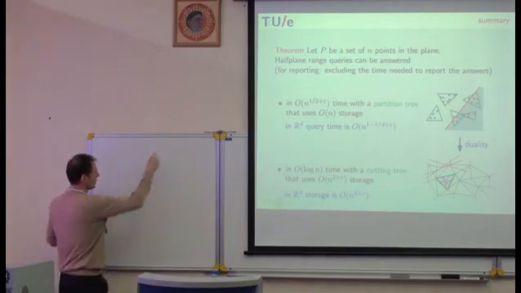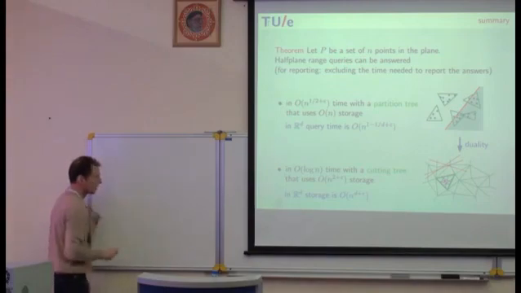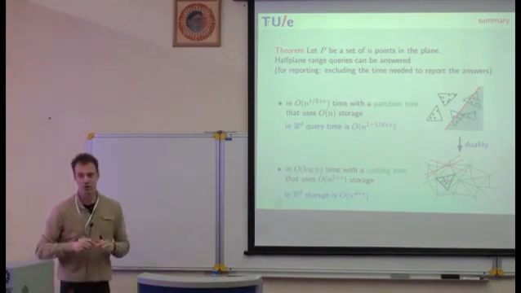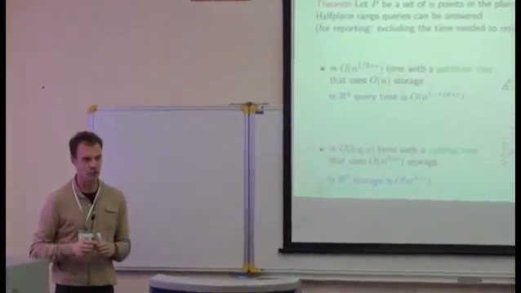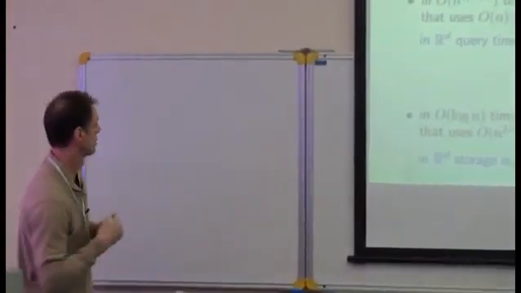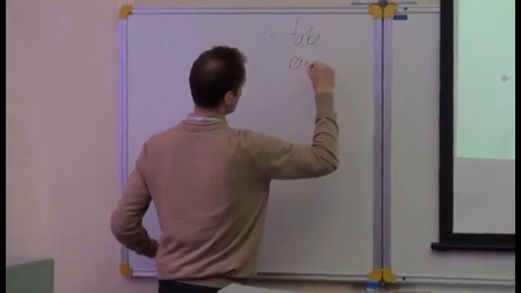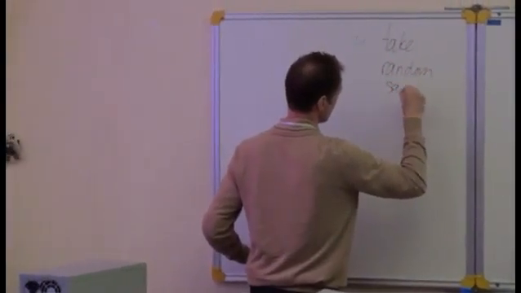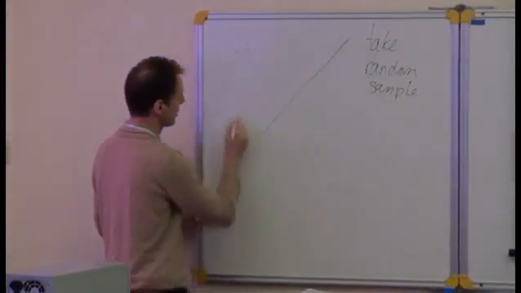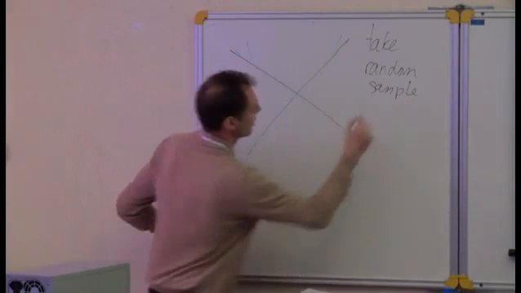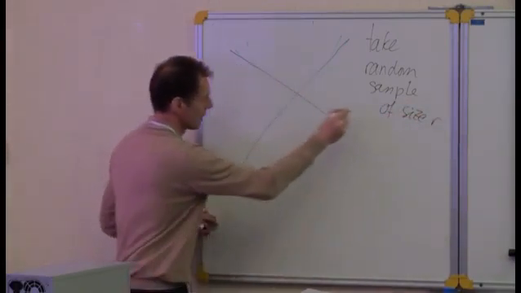So you have a set of lines, and now I want to find this cutting. So I want to partition the plane into triangles. One way of doing it is to take a random sample of the lines. So I randomly pick r lines.